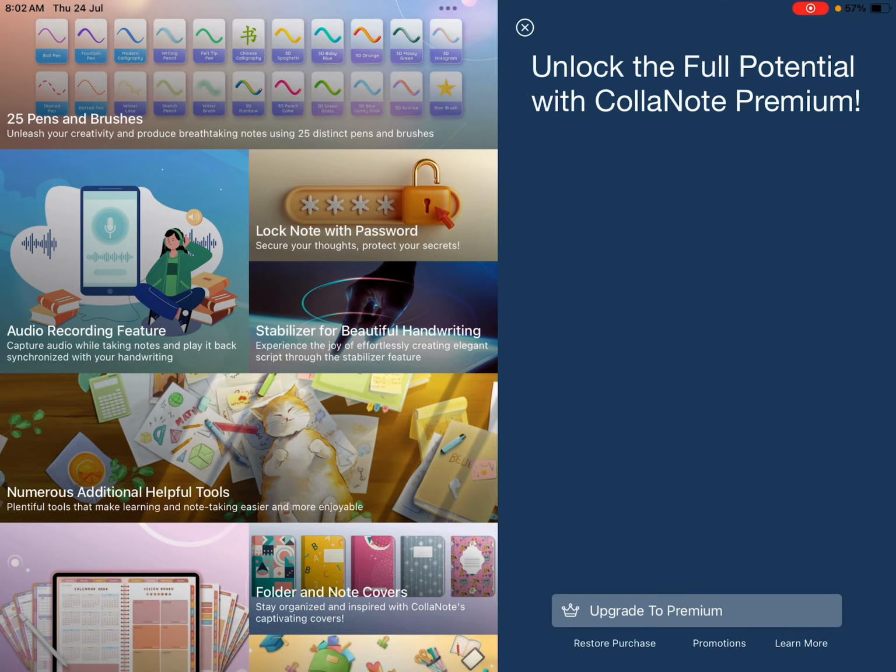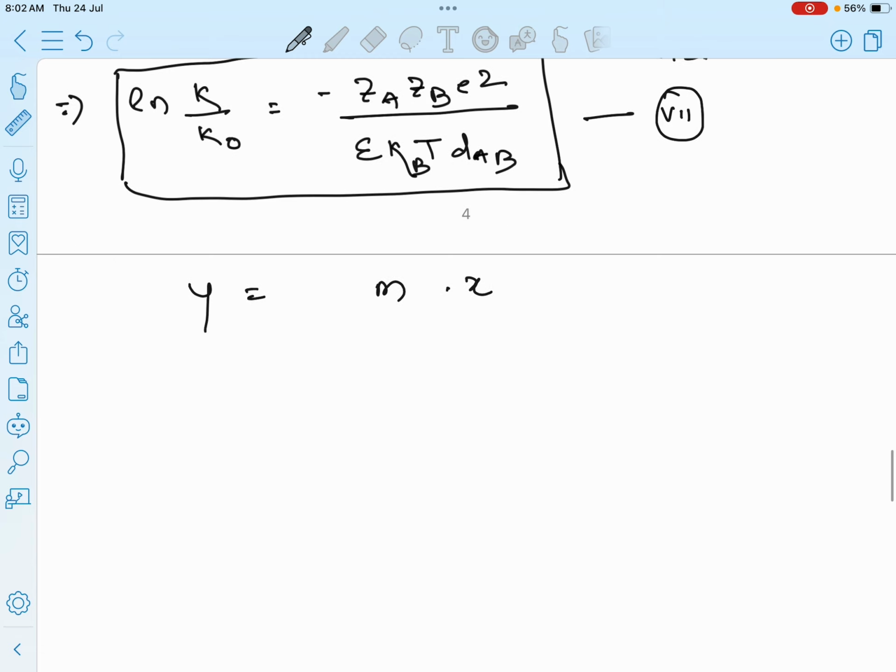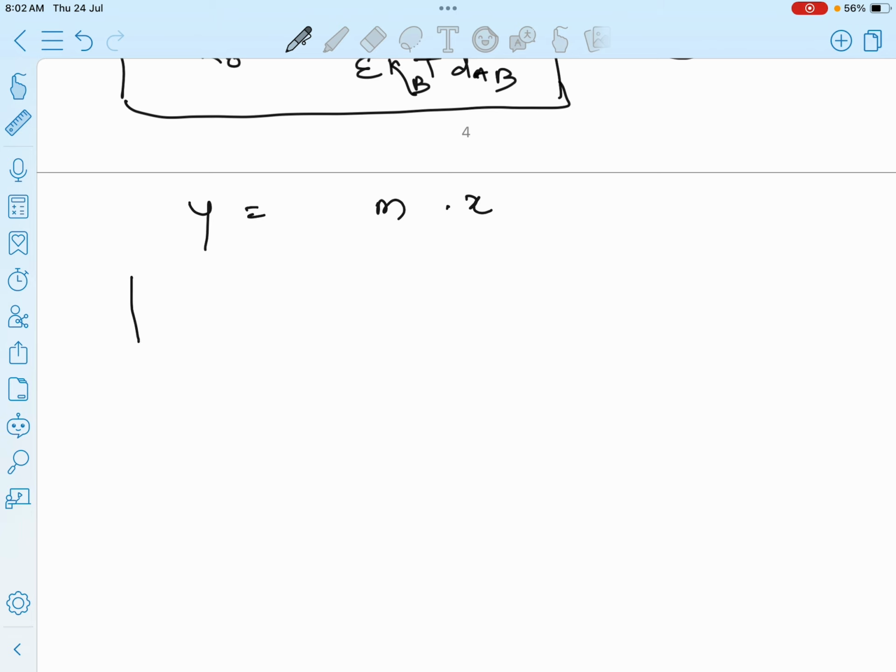In the similar fashion, if we draw a plot taking this to be y and x to be taken as 1 by epsilon, then minus ZA ZB e square by kBT dAB will be the slope, and as there is no y-intercept, we will get a straight line.